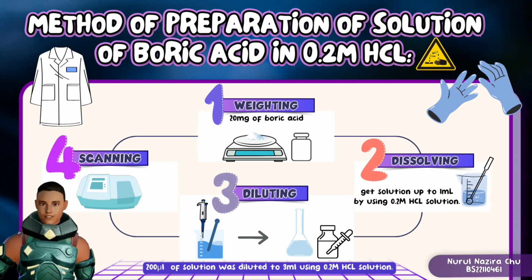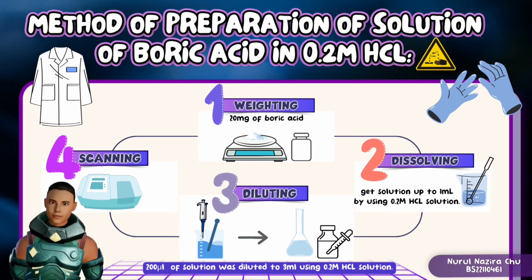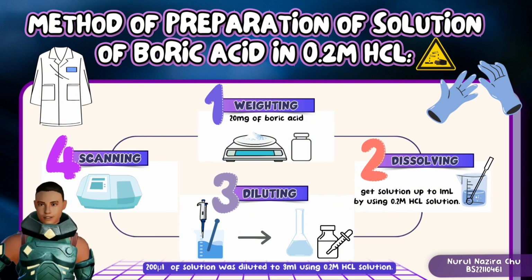Boric acid solution was prepared by using 0.2 M HCl solution. For this, 20 mg of boric acid was accurately weighed and dissolved in 0.2 M HCl solution so as to get a solution up to 1 ml.